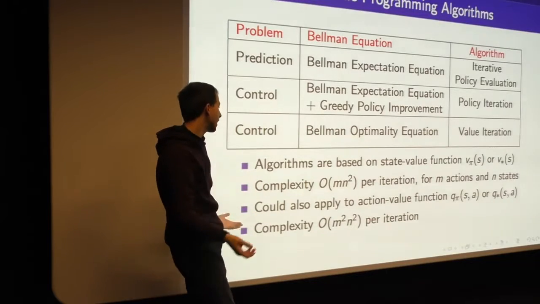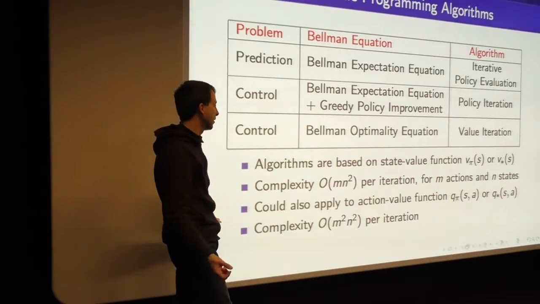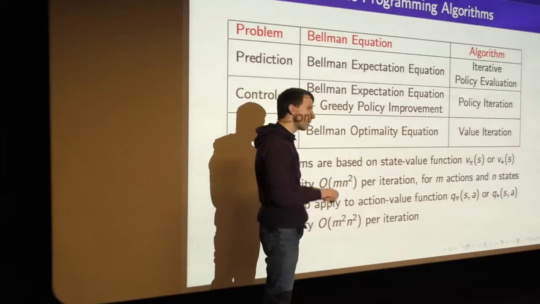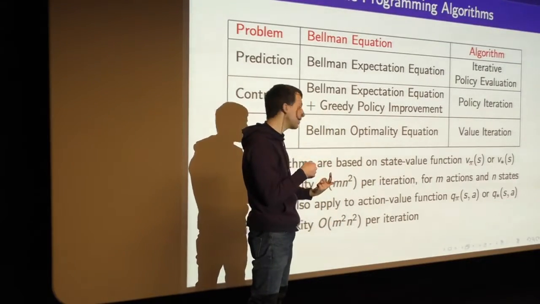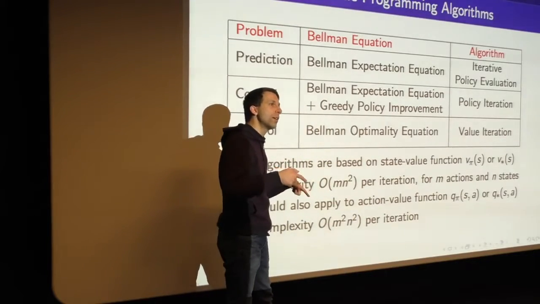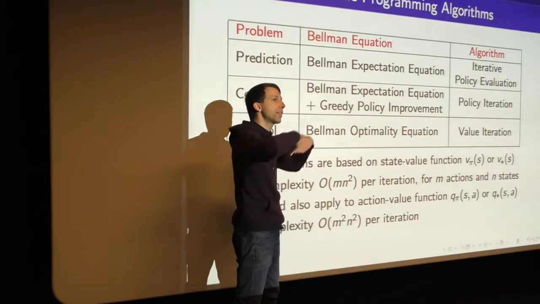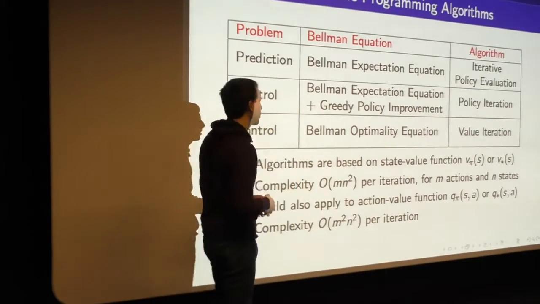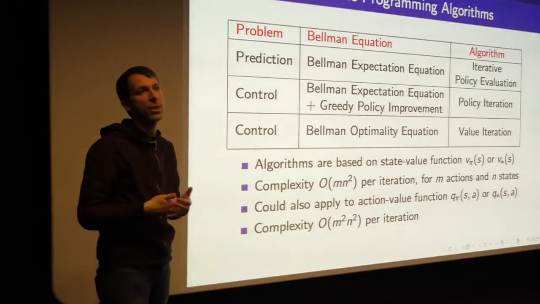So one reason we haven't discussed them is that they're high complexity. You start with your Q, so you have to consider all state action pairs, so that's mn things that you consider, and now we're considering all next state actions that we take at the successive step, which is another mn, so you get m squared n squared. It's just a more expensive version of value iteration.